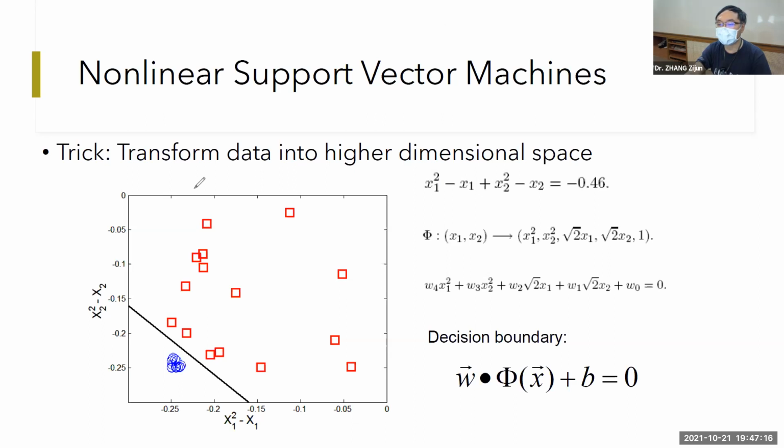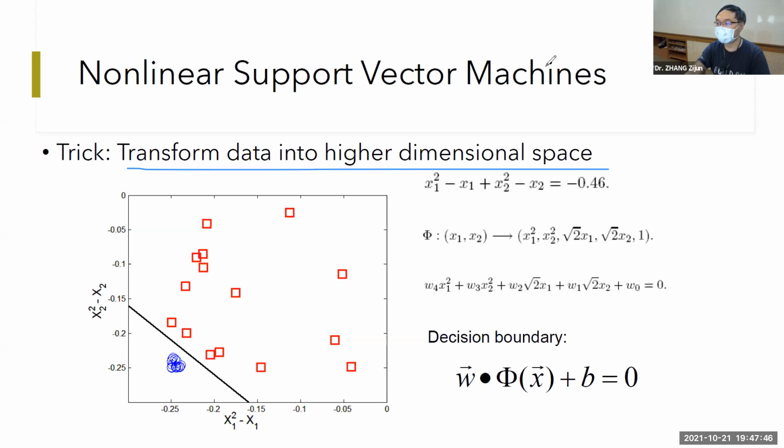The trick is to transform data into a higher dimension space, but more academically, people prefer to say we apply a kernel. That's the second important concept in SVM. When you apply SVM, you need to tune your algorithm by choosing different kernels. And here is the reason. The kernel transforms the raw values of the data to another space.